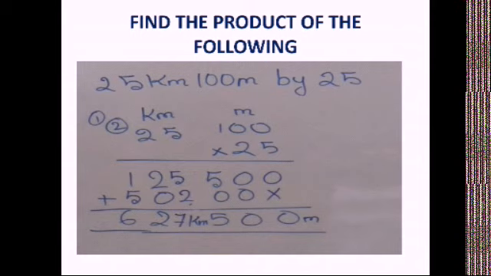And then simple double digit multiplication you have to do. 5 zeros are 0, 5 zeros are 0, 5 ones 5, then 5 5s are 25, 5 will come down, 2 will go as a carry, then 5 2s are 10, 10 plus 2, 12. So when we multiply 25 kilometer, 100 meter first by 5, 125, 500 is what we get.